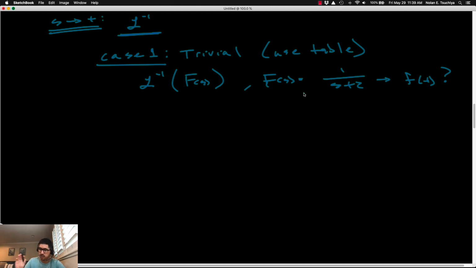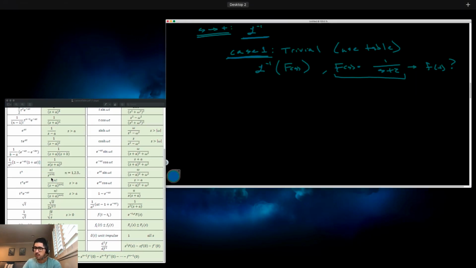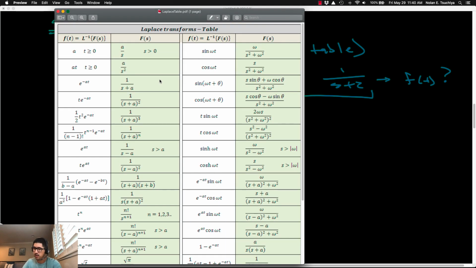Again, this is a trivial case because this exists on the Laplace table. Something of this form, 1 over s plus 2, exists on the Laplace table, and you can see it right here. So 1 over s plus a, that's the form of the S domain function. The corresponding time function is just e to the minus a times t. That's it.